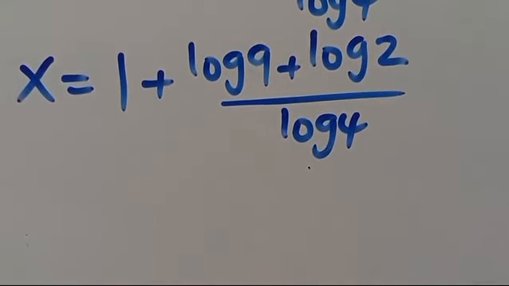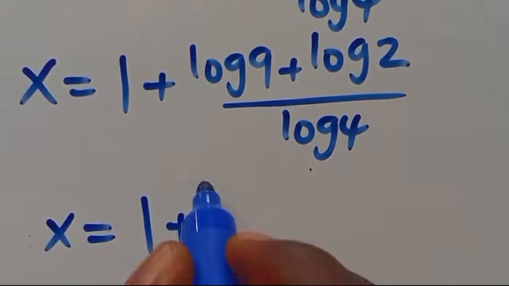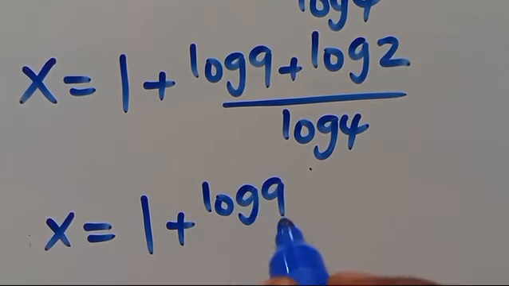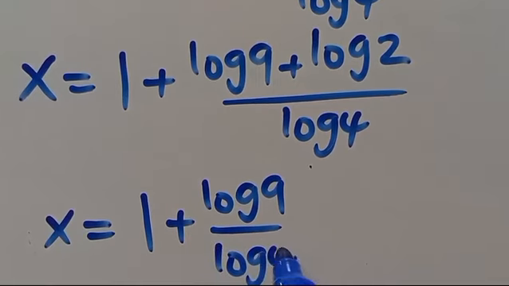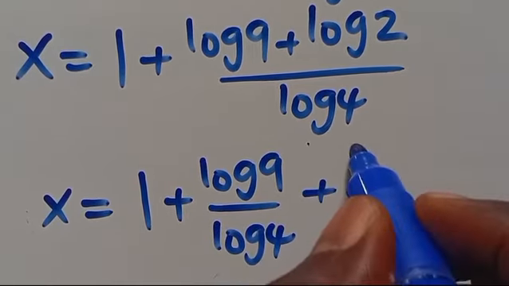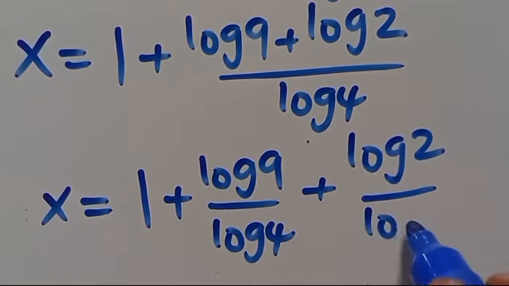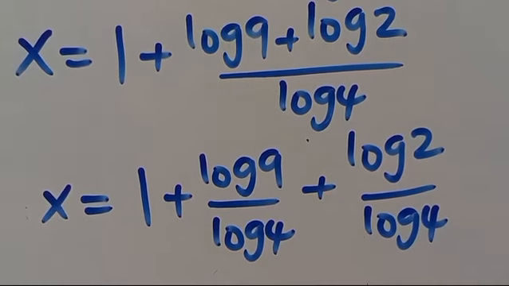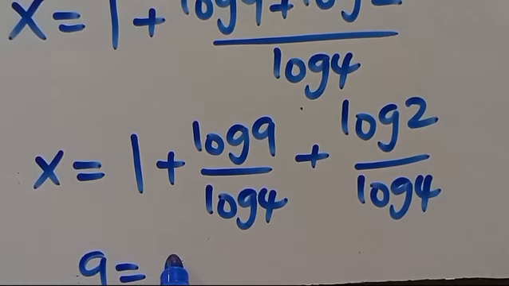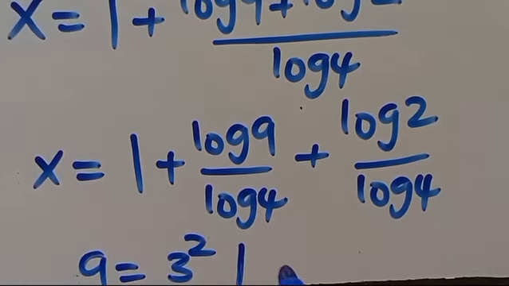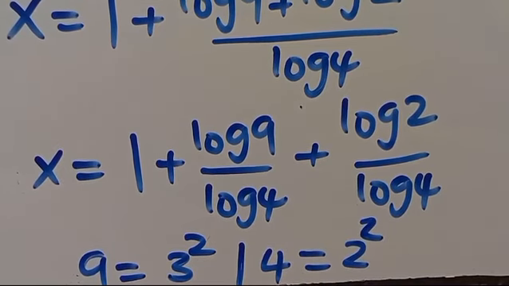So we have x equals 1 plus log 9 over log 4 plus log 2 over log 4. So let us recall, we can have 9 as 3 to the power of 2 and 4 to be 2 to the power of 2. Both are perfect squares.